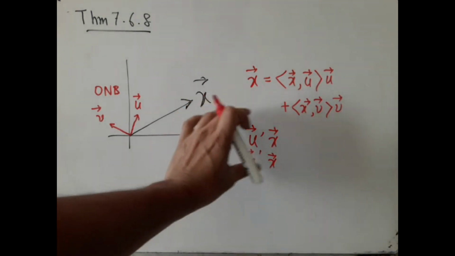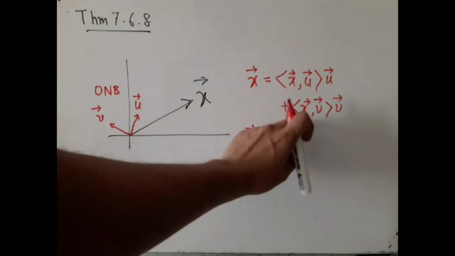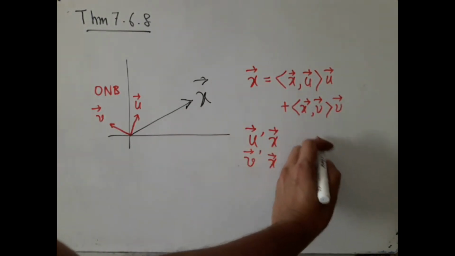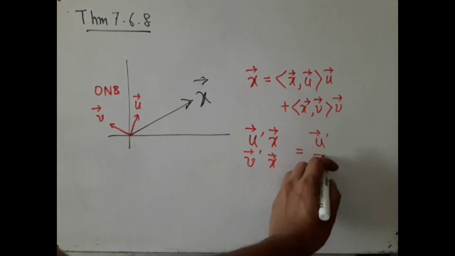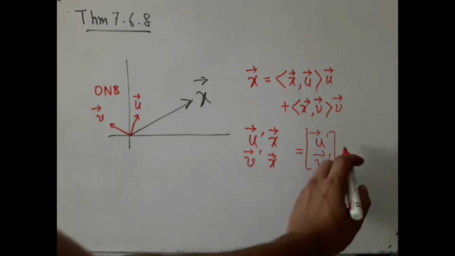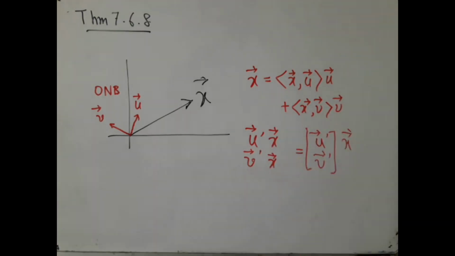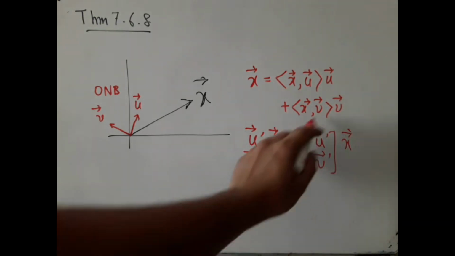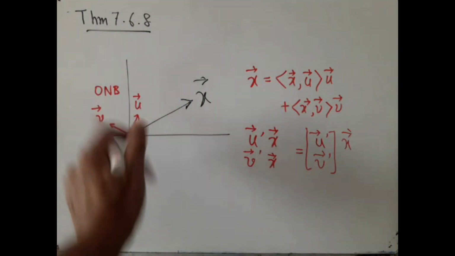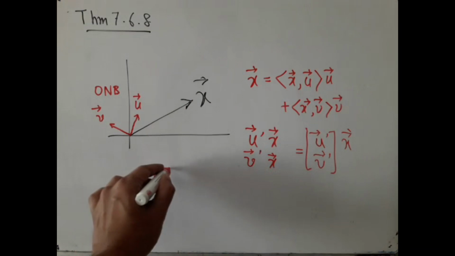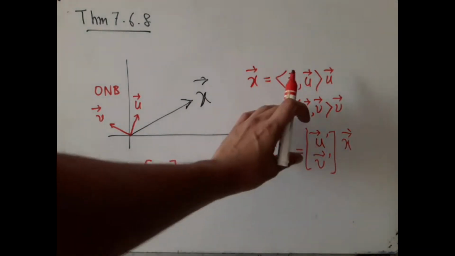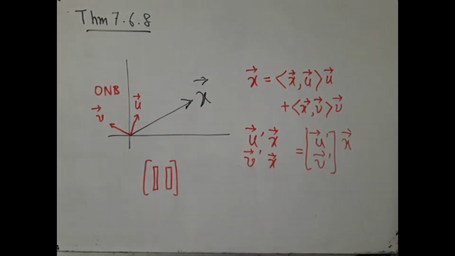So if I want to consider these two coefficients together, I might consider them as u transpose and v transpose, one stacked on top of another as two rows, multiplied by x. So that is the ONB matrix. I am constructing a matrix by taking u and v side by side, a 2 by 2 matrix. Then I am taking the transpose of that and pre-multiplying x by this.